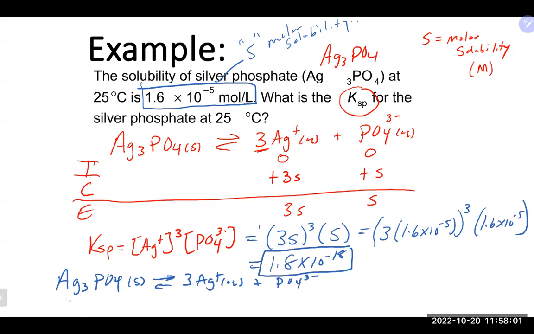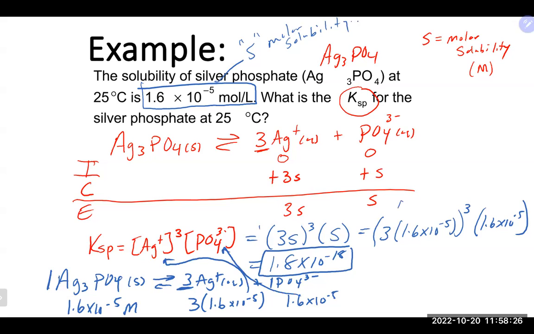If the molarity of this was 1.6 times 10 to the minus 5 molar, it is a 1 to 3 relationship, which means you take 3 times 1.6 times 10 to the minus 5. It is a 1 to 1 relationship, which means the molarity of the phosphate is 1.6 times 10 to the minus 5. And then you could just take them into here.